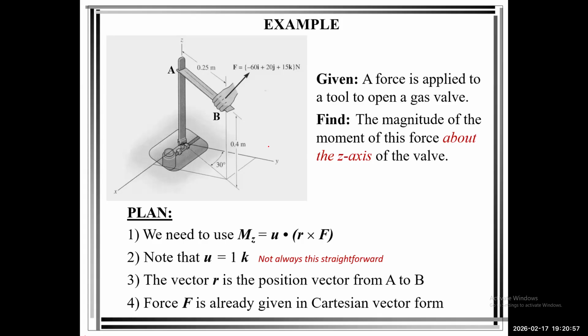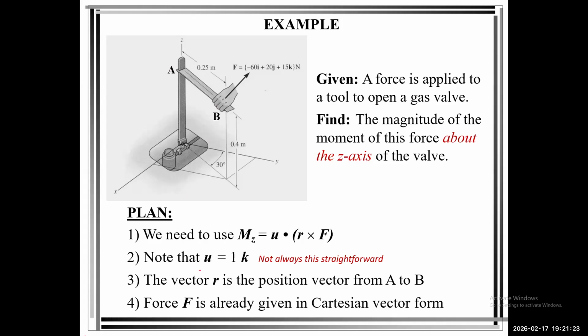What are we saying? A lot of stuff here. Note that u is equal to 1k, that's the unit vector. It's not always so straightforward that you can just spot out the unit vector. And the vector r is the position vector from A to B, to where your arm is.